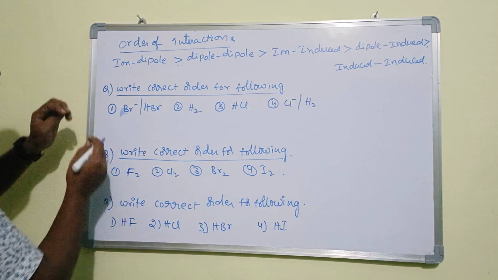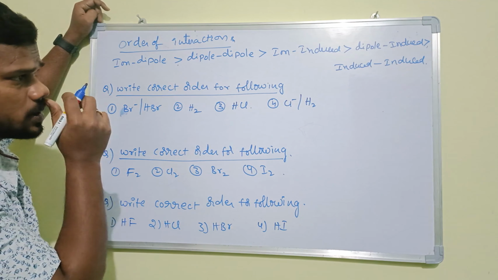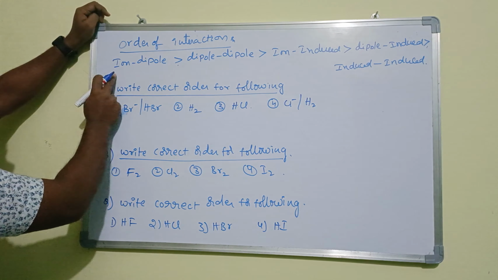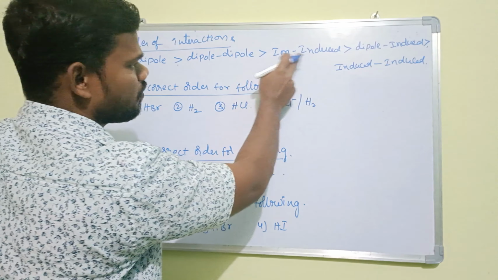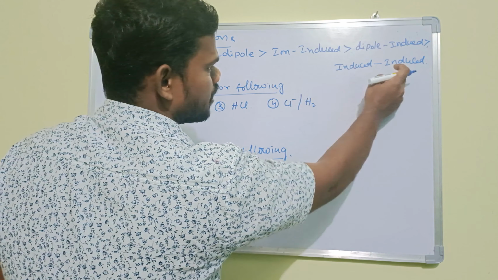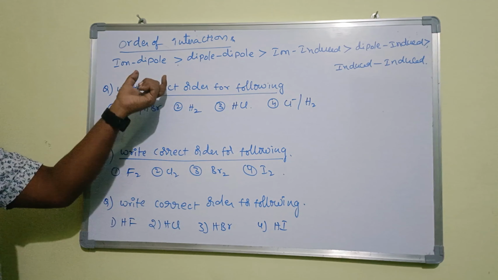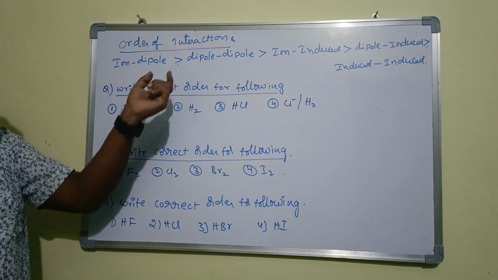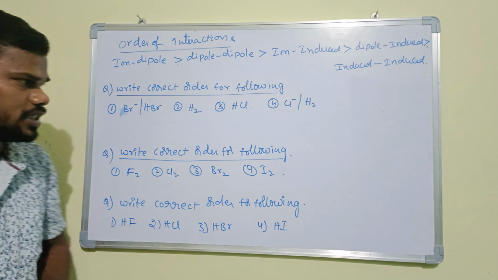We know the correct strength order of these interactions: first ion-dipole is greater than dipole-dipole, then greater than ion-induced dipole, then dipole-induced dipole, and then induced dipole, which are London forces. Clear? So this is the correct order for the different types of interactions.